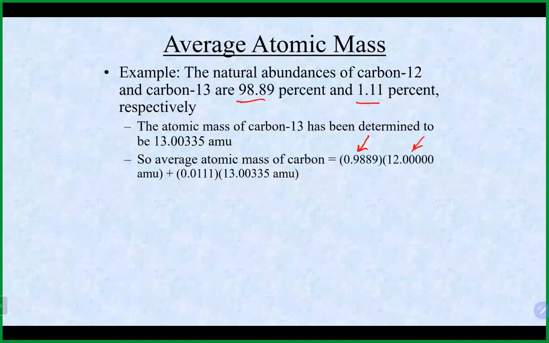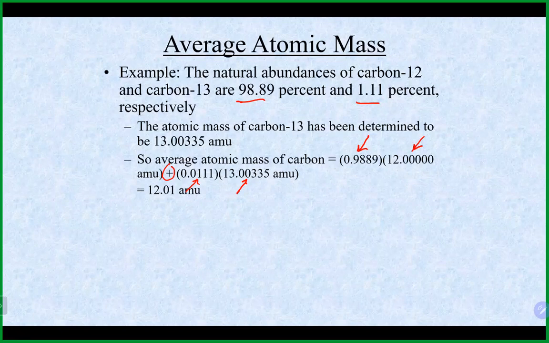We then add it to the percentage of the carbon-13 isotope, which is the 1.1% converted into a decimal, times the atomic mass of our carbon-13. If we do that, we will get something like 12.01 AMU, which is what we do see underneath carbon. It's really a combination of both the carbon-12 isotope and the carbon-13 isotope's mass, and we use the average mass of both of those as the atomic mass for carbon.